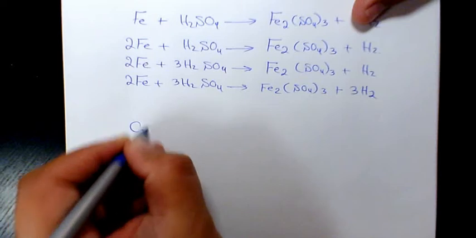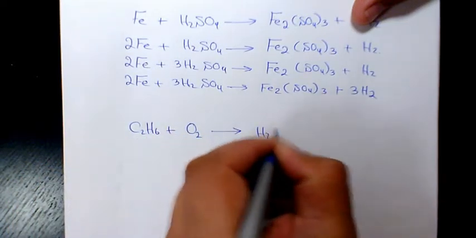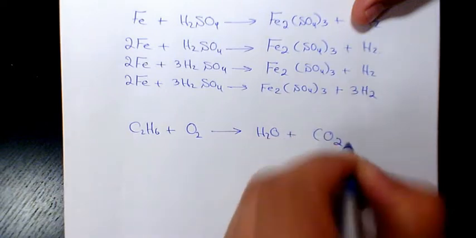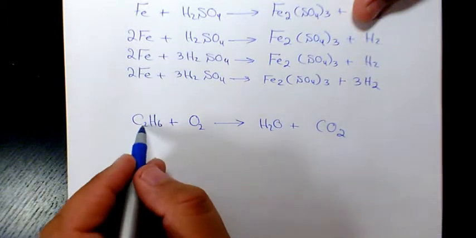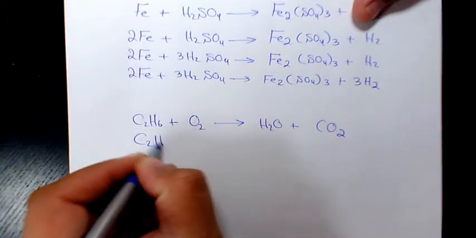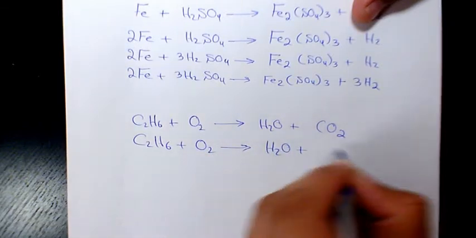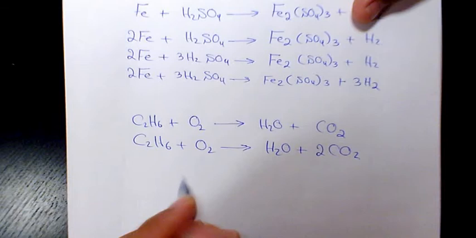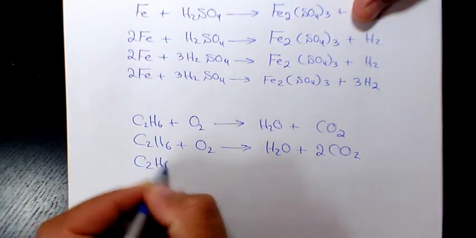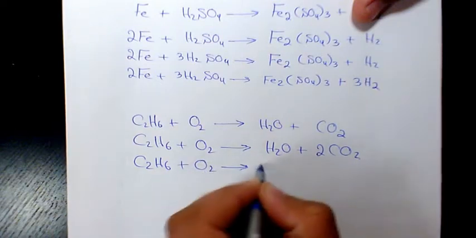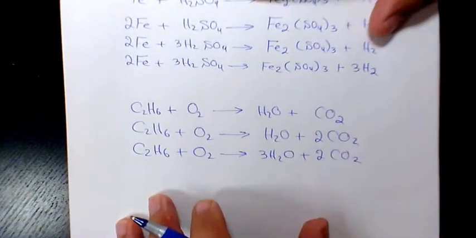Next one we have C2H6 plus O2 gives us H2O plus CO2. So we have 2 carbon here, so we have 2 carbon there. Hydrogen we have 6, so we need to have 6 in here, so the coefficient is going to be 3. And how many oxygens?